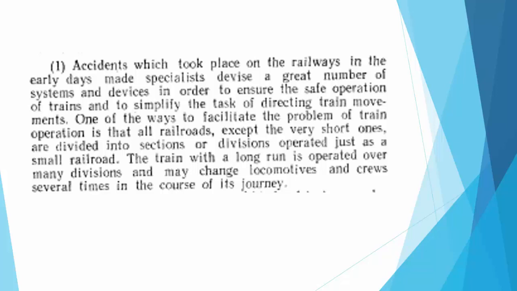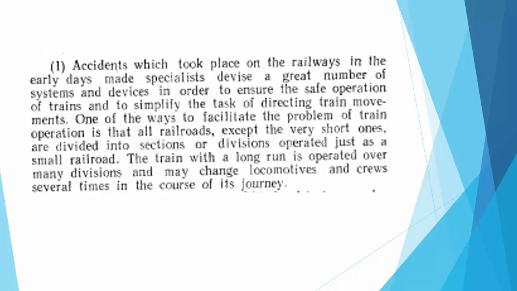The first part is accidents which took place on the railways in the early days made specialists devise a great number of systems and devices in order to ensure the safe operation of trains and to simplify the task of directing trains movements.